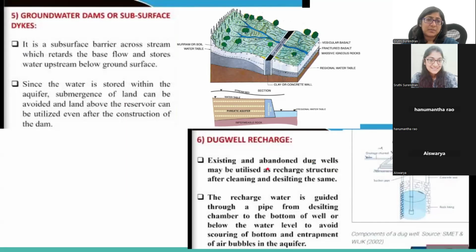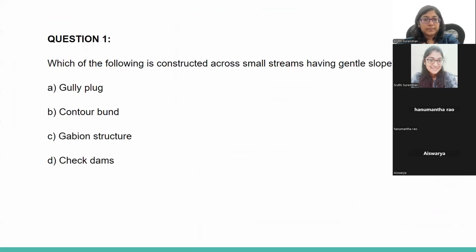So these are some examples of natural ways of recharge. I don't think the lecture series goes deep into what dug wells are, what the sizes are, and what the design criteria are. You just need to know some examples and generally where they are used.